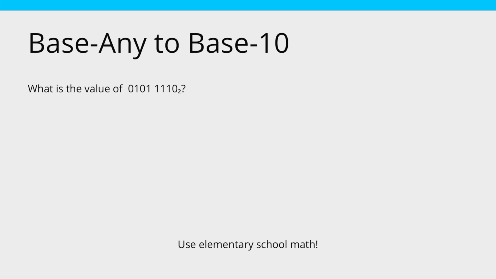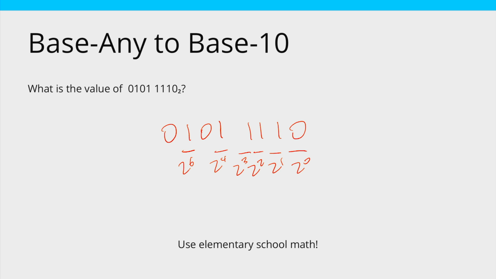Let's do another one. 0, 1, 0, 1, 1, 1, 1, 0. This is 2 to the 0, 2 to the 1, 2 to the 2, 2 to the 3, 2 to the 4. And feel free to skip the ones that you don't need, like 0 times anything is 0, so you can skip that and just go to 2 to the 6. 2 to the 6 is 64, and I'm going to skip writing 1 times 2 to the 6 because I know 1 times 2 to the 6 is just 2 to the 6.